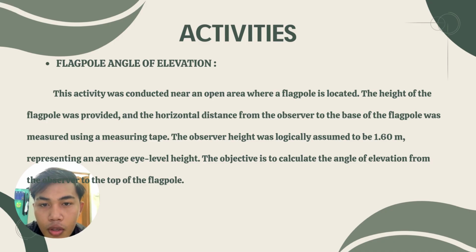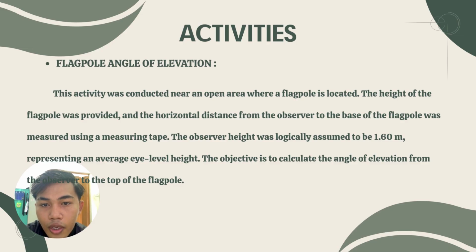So, I will tell you about the first activity that we chose. The first one is flagpole angle of elevation. This activity was conducted near an open area where a flagpole is located. The height of the flagpole was provided, and the horizontal distance from the observer to the base of the flagpole was measured using a measuring tape.